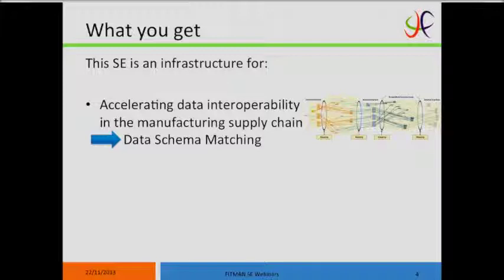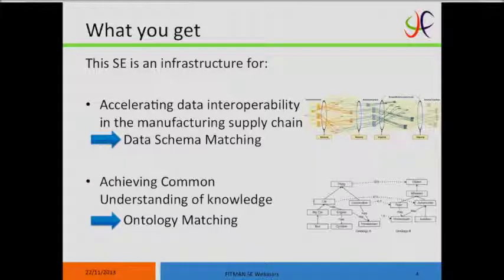So they don't have to change their schemas, they just have to find a way to do the mappings. And it also allows us to achieve a common understanding of knowledge, which is done through ontology matching. So you have an ontology A, and you have an ontology B coming from different departments or different organizations, and through matchings, people can talk to each other and understand the same meanings.